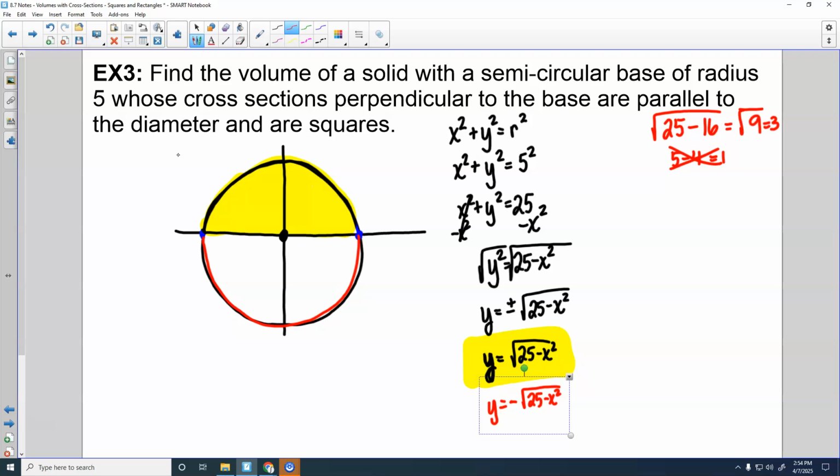I wish they'd said perpendicular, but they didn't. Parallel to the diameter. So if my cross sections are parallel to the diameter, they actually go this way, right? Which means by solving for y, I'm actually going to have to do this in terms of x. All right, by solving in terms of x, I'm going to have to do it in terms of y.